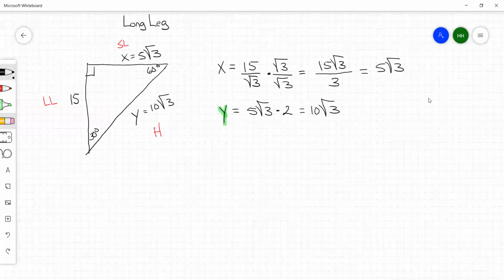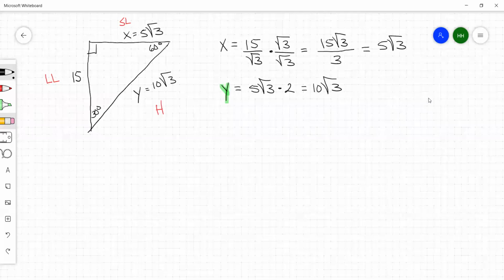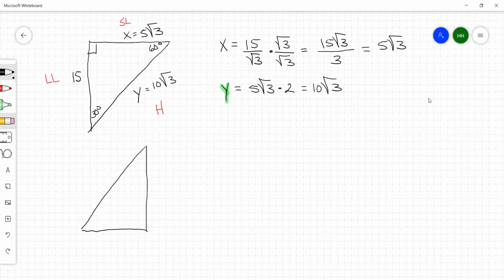It was so much fun, you want to do it again? Oh, okay, great. I love special right triangles. Let's try one like this. And we're given the hypotenuse.